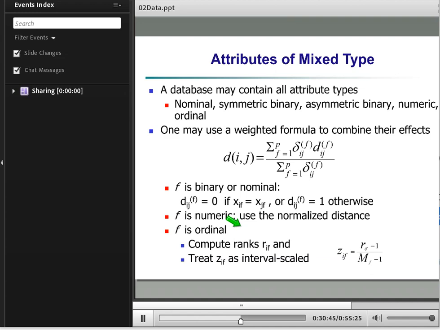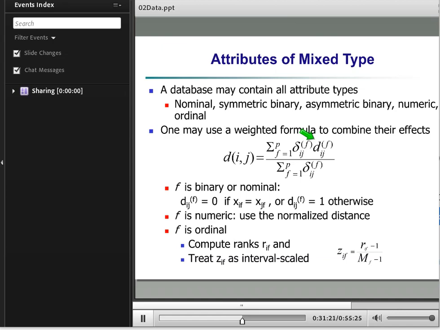One more question is what will happen if I have a mix of attributes, different types of attributes? For example, I have a nominal attribute, a numerical attribute, binary attributes, ordinal attributes, and so on.